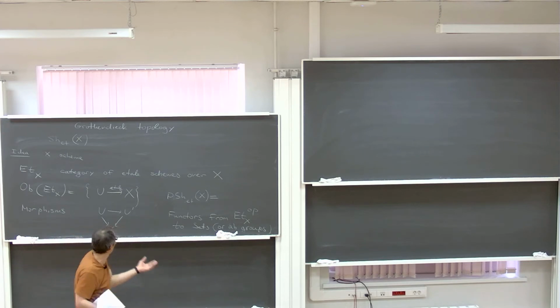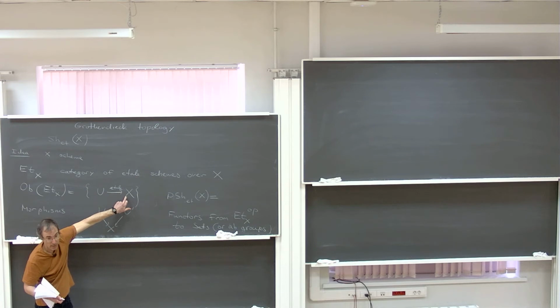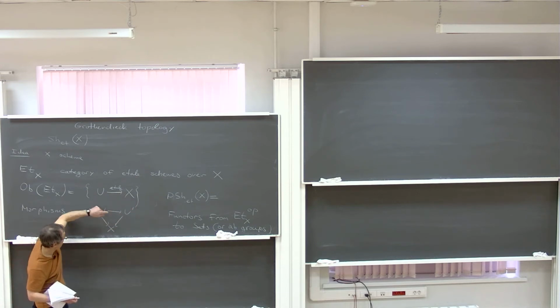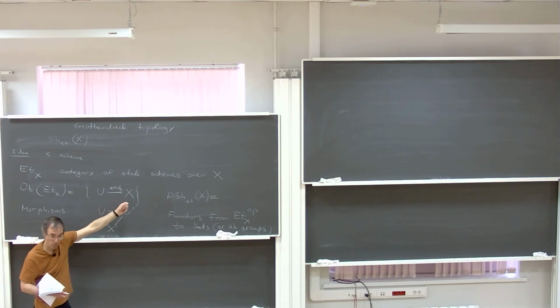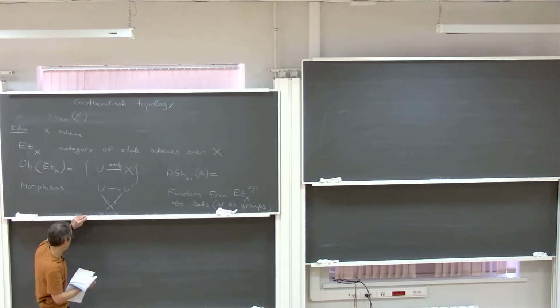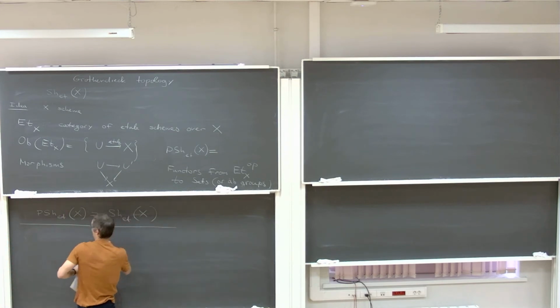Imagine that U is just an open subset of X. Then for every two open subsets there exists at most one morphism from U to U prime.